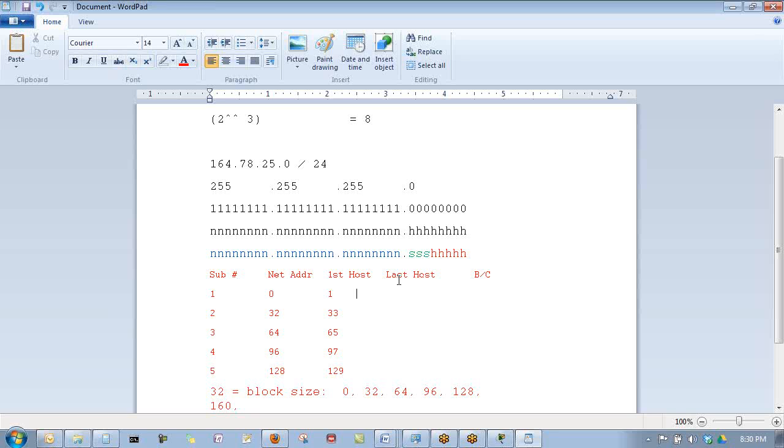Now, don't worry about the last host. Let's concentrate on our broadcast address. How do we figure out that broadcast address? It's always one lower than the next subnet's network address. So what is it? 31.